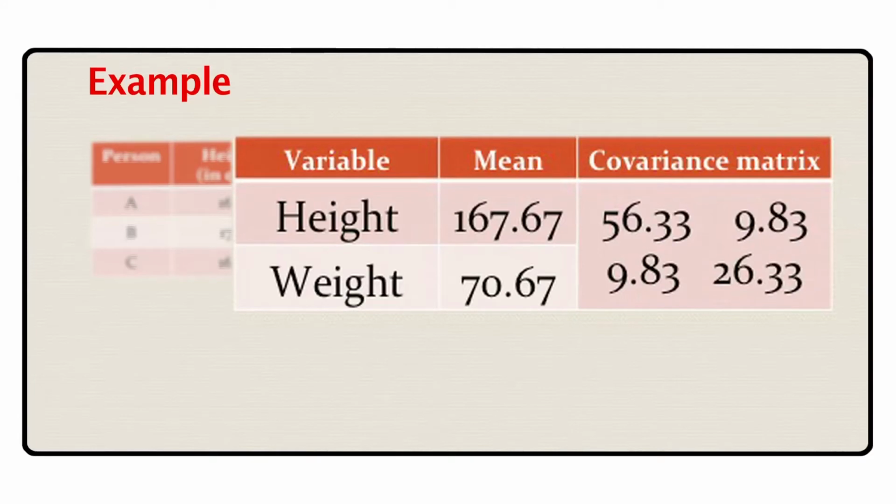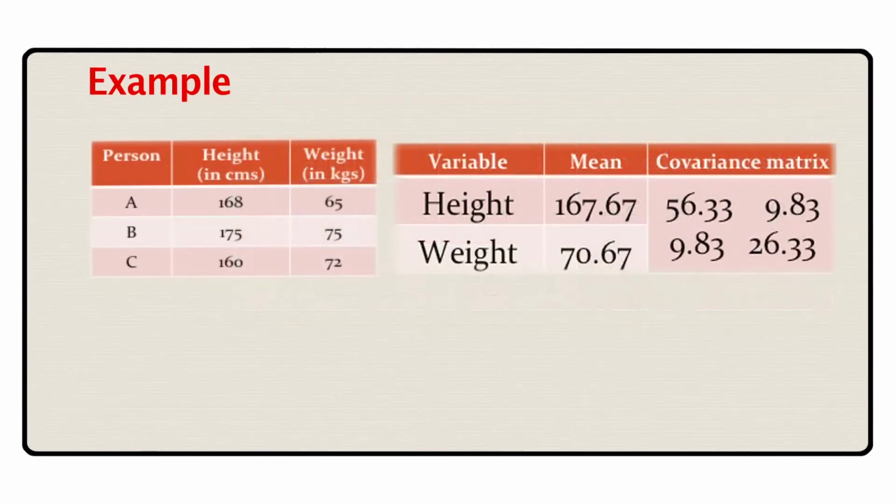Of course, the mean of this height and the mean weight are not directly related, but then you need to calculate the covariance matrix also, and you'll need the means for this. The covariance between height and weight is 9.83. The variance of height is 56.33 and the variance of weight is 26.33, giving us the covariance matrix.